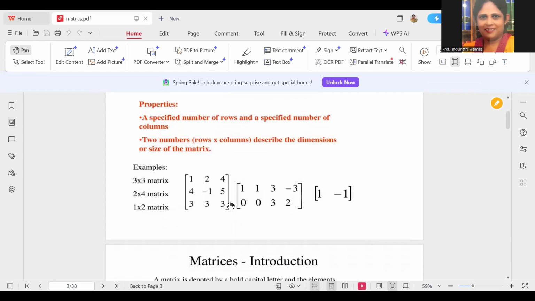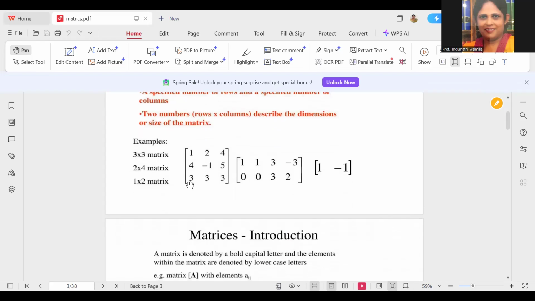I have given here some examples. The first one is a 3 into 3 matrix, because there are 3 rows and also 3 columns. Then we can say its size is 3 by 3.